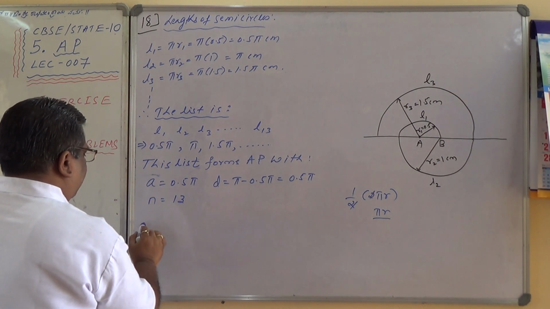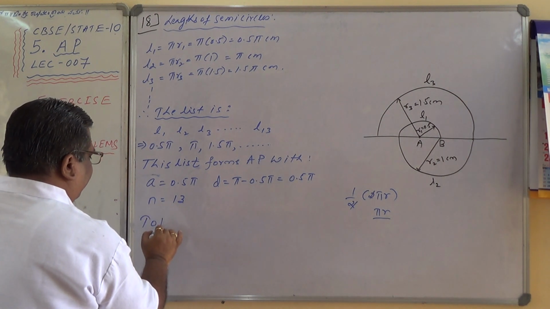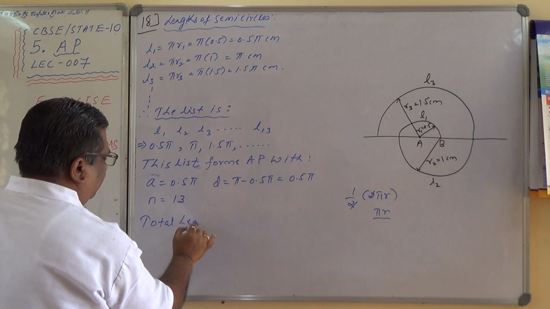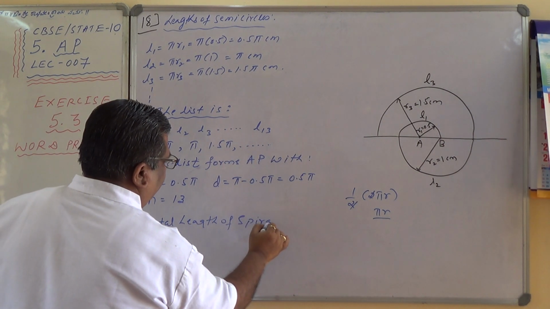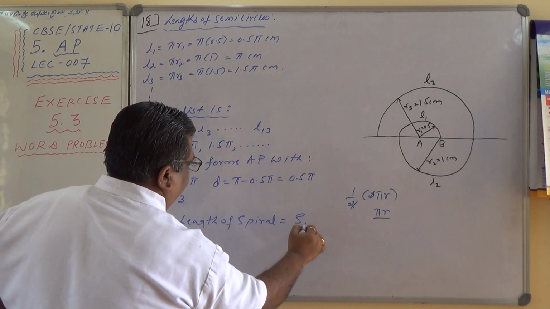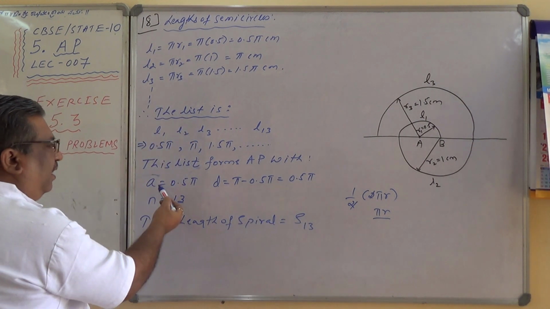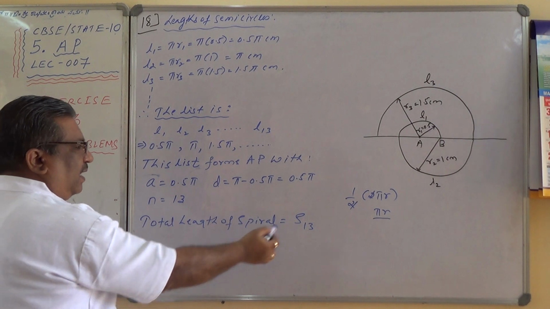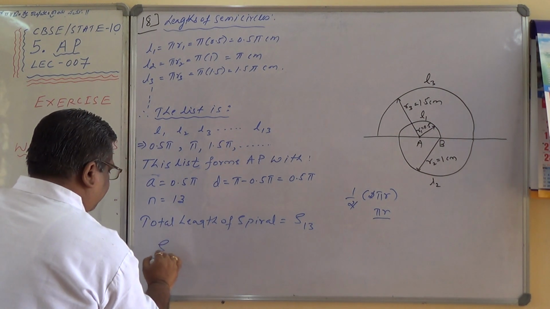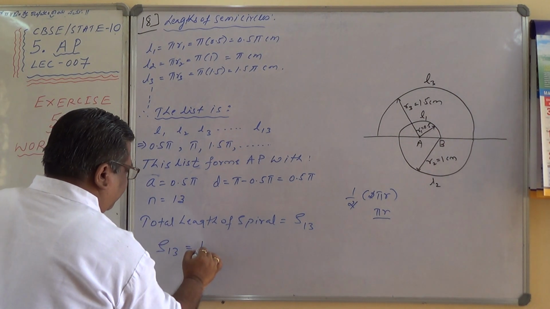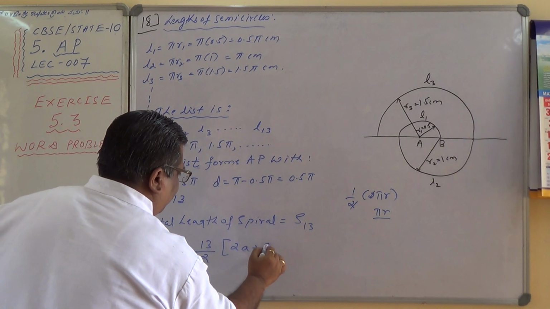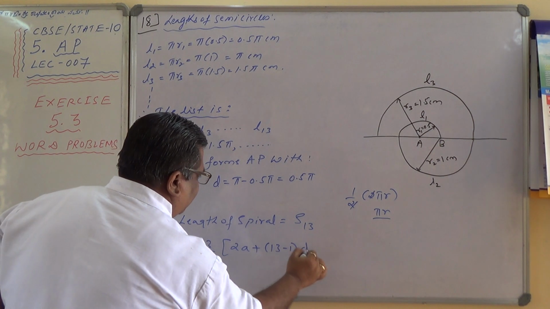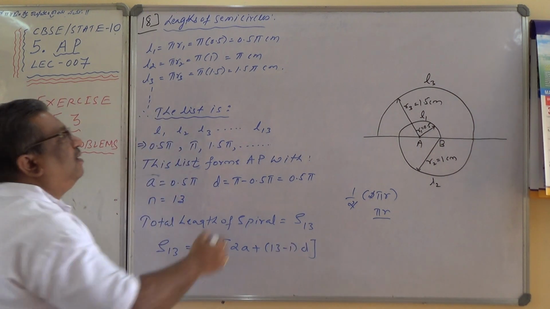And therefore, the total length of the spiral equals S13. You know A, D, N, so calculate S13. S13 equals 13 by 2 times 2A plus 13 minus 1 times D. Is it clear? Let us calculate here.